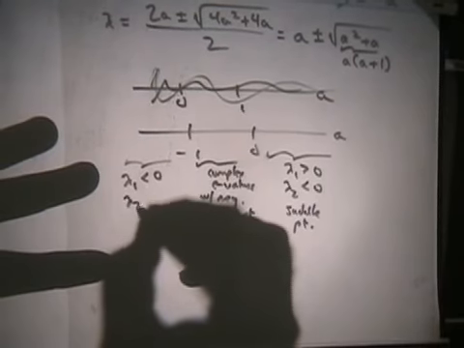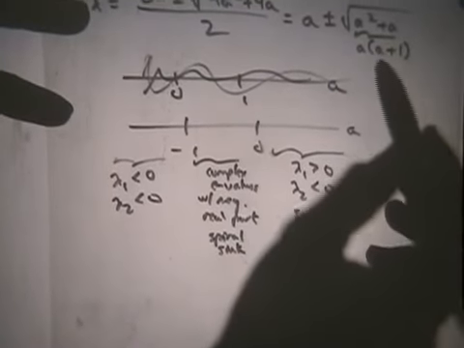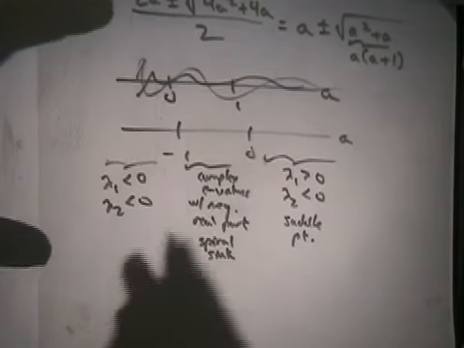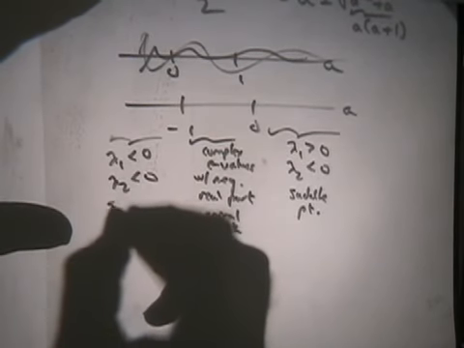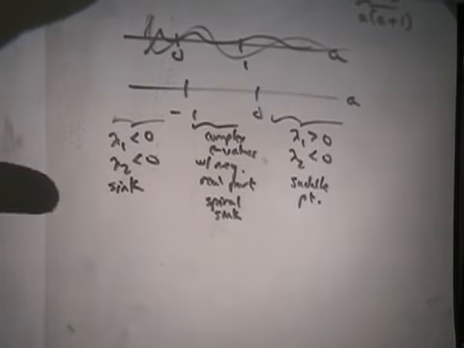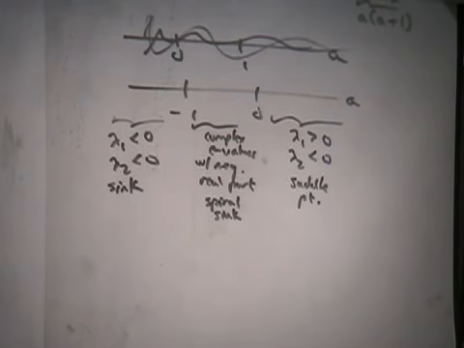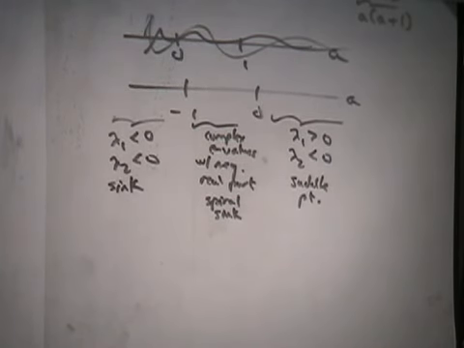Real and negative. And distinct, because if A is less than negative 1, you're going to get a non-zero number there. So the plus or minus has an effect. You'll get a sink, a real sink. So definitely a bifurcation occurs at negative 1. Those are your two bifurcation values, negative 1 and 0.